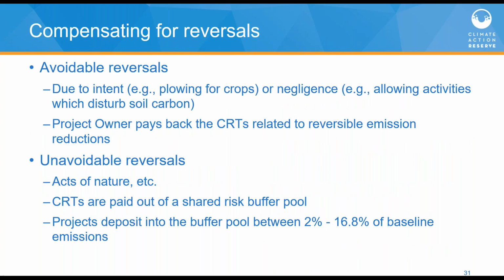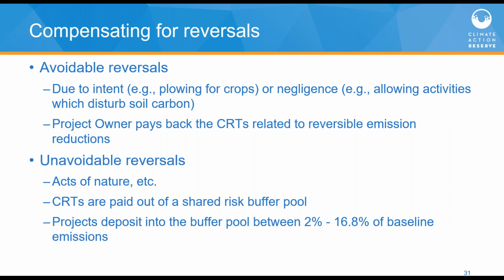In terms of compensating for reversals, if they do occur, we separate them into 2 categories: avoidable reversals, those due to intent, such as plowing up the project area or simply canceling the project and leaving the program, or negligence. So if somebody else disturbed the project area and the project owner didn't do anything to stop them.